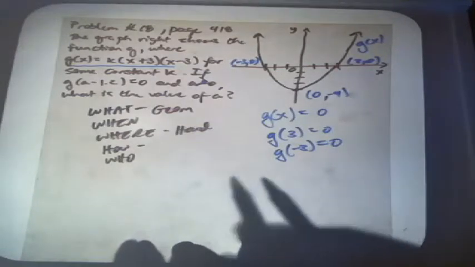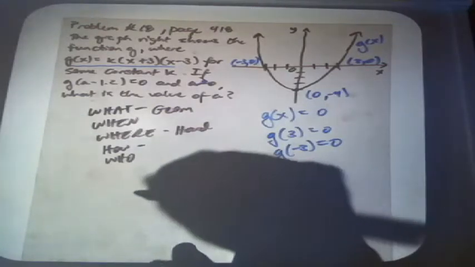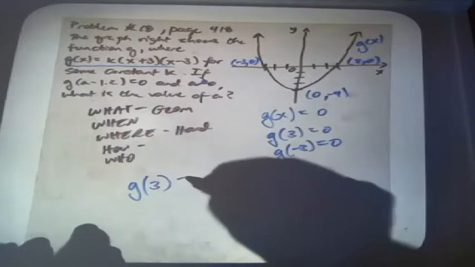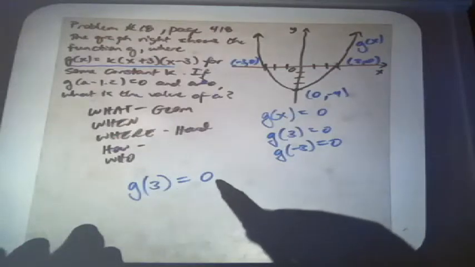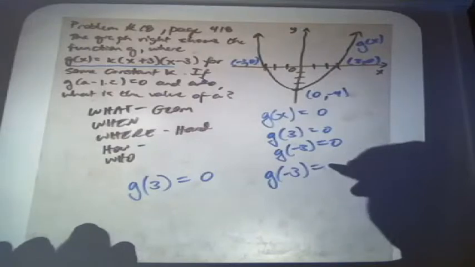All right, so knowing that, remember that we want to solve for a now, and a represents some part of the x value. So what I want to do here is write our two x values that yield a functional value of 0. So when x is 3, the function is 0. And when x is negative 3, the function is 0.